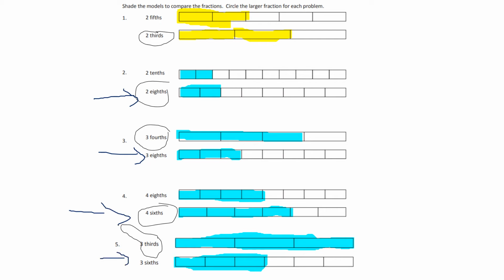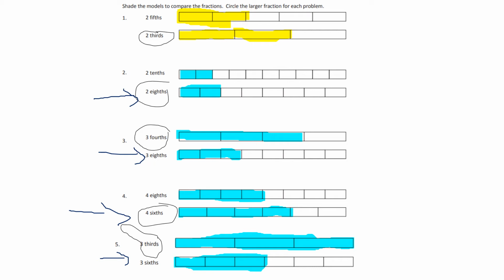Again, if you see, we're still working with the same numerator for each of these. There's the same amount that we're shading in, and we are just comparing it with the denominators. And like before, we said the smaller number for the denominator, so this is actually a bigger denominator because you're getting more out of it.